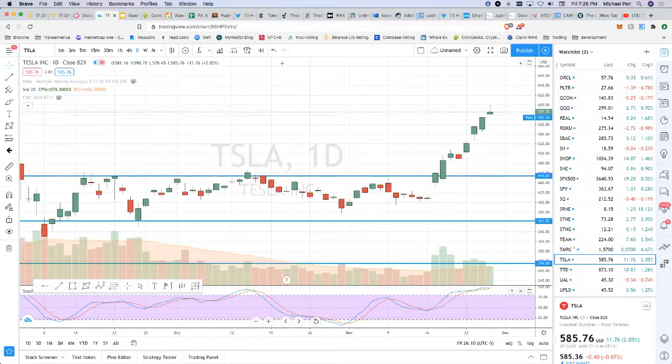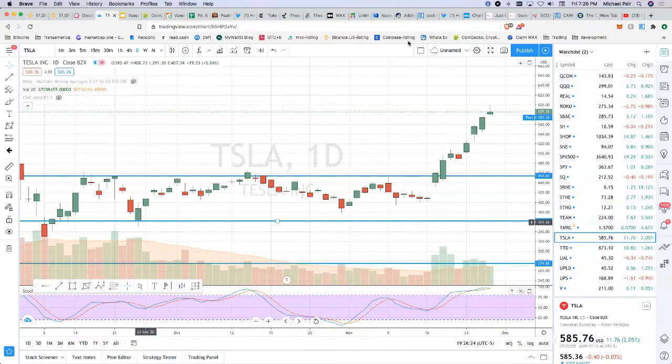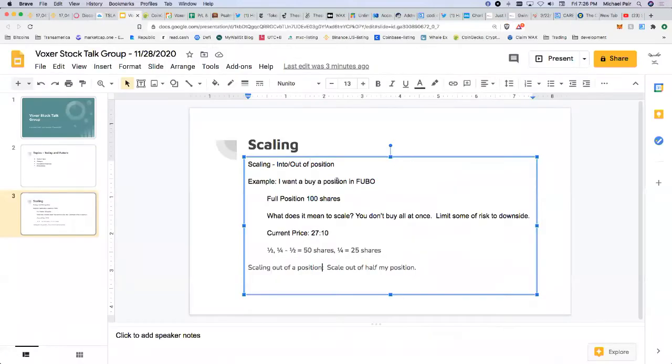So that's a deal around scaling into a position, if you want to buy something and it may even go down because you're just trying to build a position in it. Again, scaling is the idea of getting in or out of a position. If you want to buy into a position, you can break it down into half of the position or a quarter of the position.